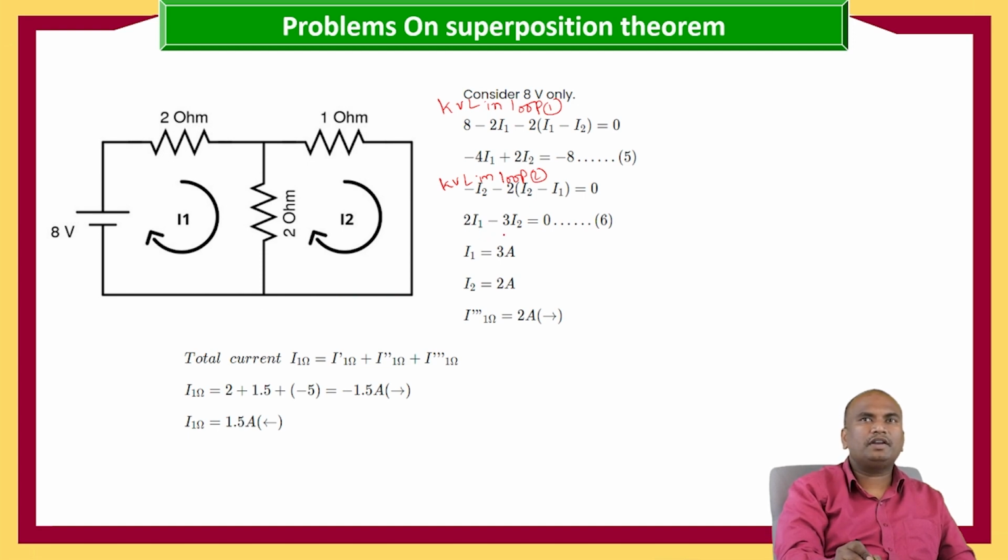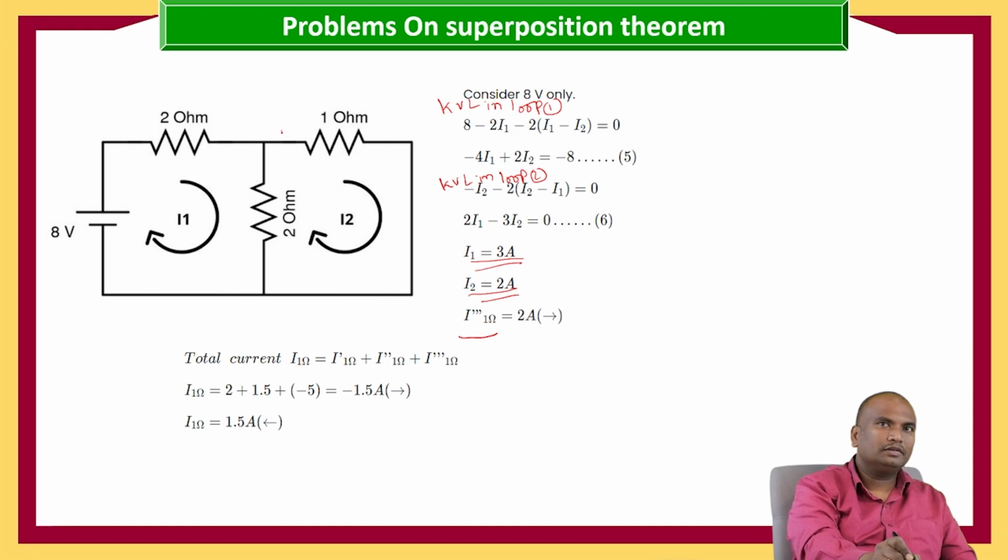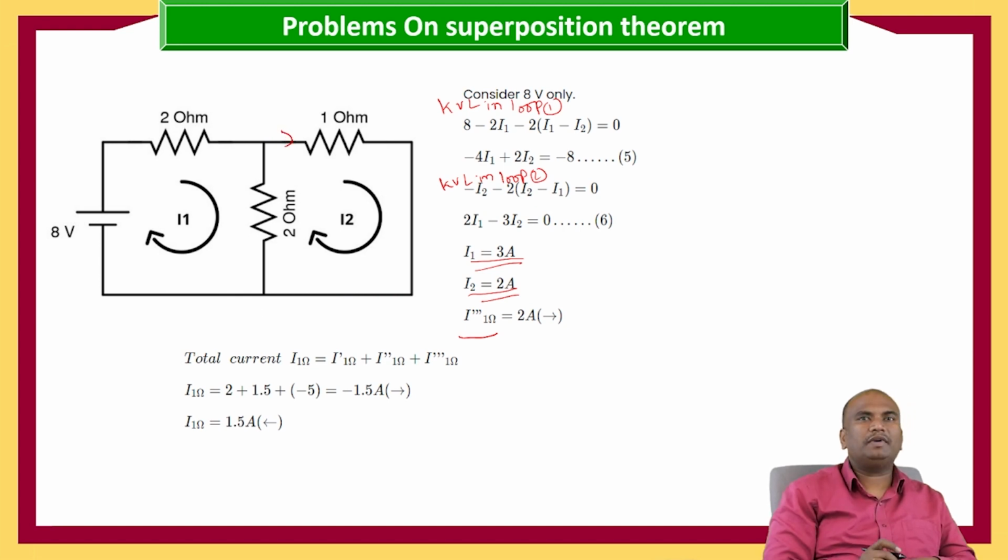That is 2I1 minus 3I2 equals 0, where I1 is equal to 3 amperes and I2 is equal to 2 amperes. Now we got the I2 value as 2 amperes, that is I1 triple dash is equal to 2 amperes from left to right.